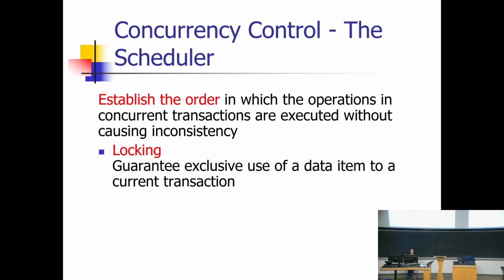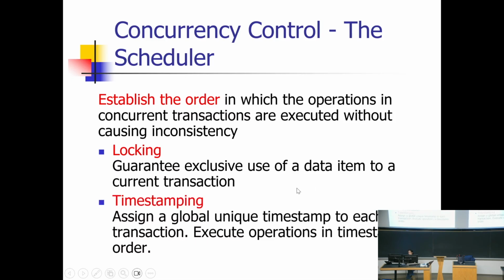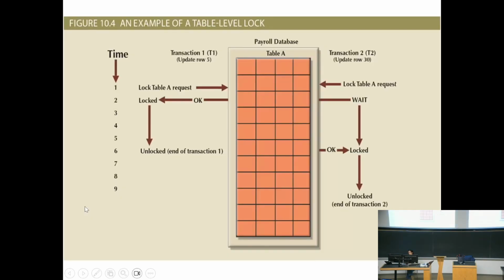Even though the transactions are concurrent, we don't want to allow them to override each other, right? And the next one is timestamp, which assigns a global unique timestamp to each transaction. So this ensures that transactions follow a specific order to avoid those issues that we discussed.